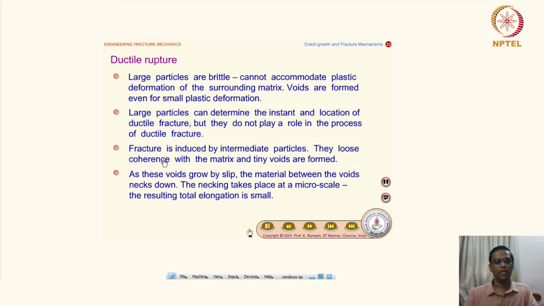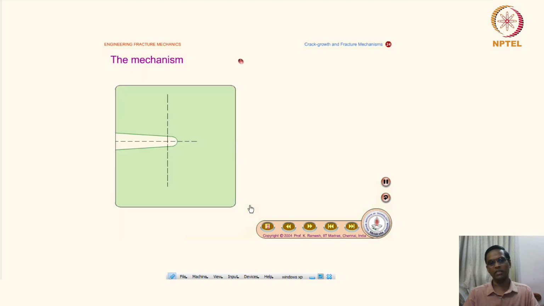As these voids grow by slip, the material between the voids necks down. The necking takes place at the micro scale. The resulting total elongation is small. So this is one description of the ductile rupture, basically the fracture surface description.